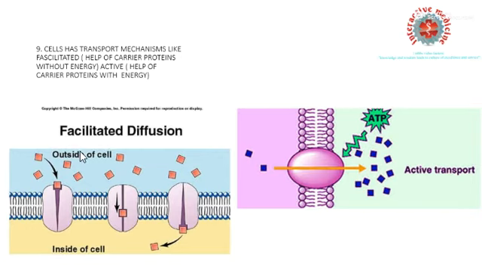In facilitated diffusion, with the help of carrier protein, the molecules transport from outside of the cell to inside, from higher concentration to lower concentration. But in active transport, the transport of molecules is from the lower concentration gradient to higher concentration gradient with the help of ATP or energy.